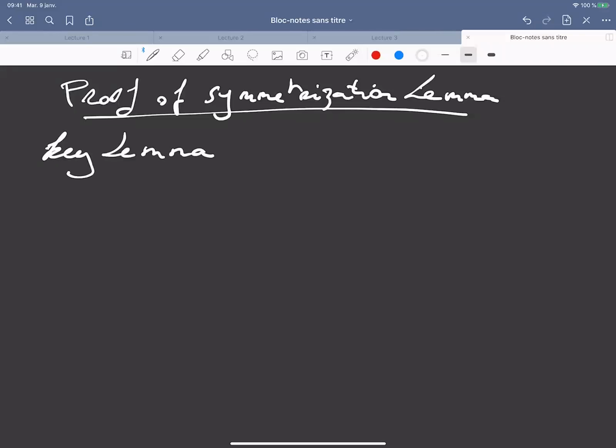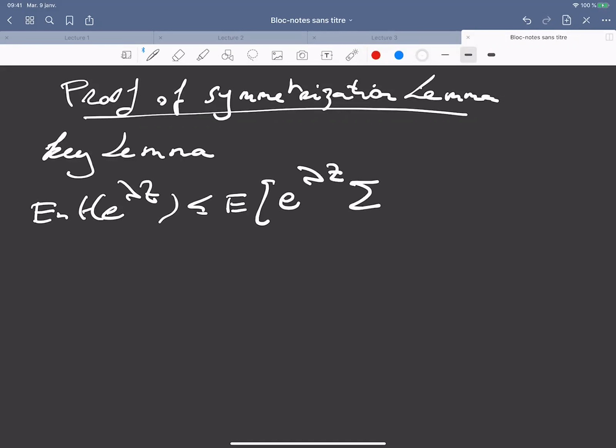And the key lemma implies that the entropy of lambda Z is less than the expectation of exponential lambda Z times the sum of phi of minus lambda Z minus Z prime I. This is just because you can first apply the key lemma conditionally to X prime 1, X prime 2, X prime n, and then take the expectation globally and get this.